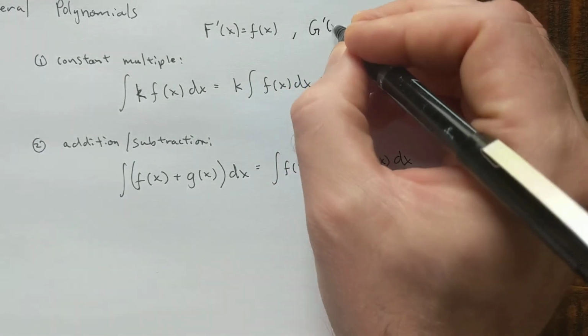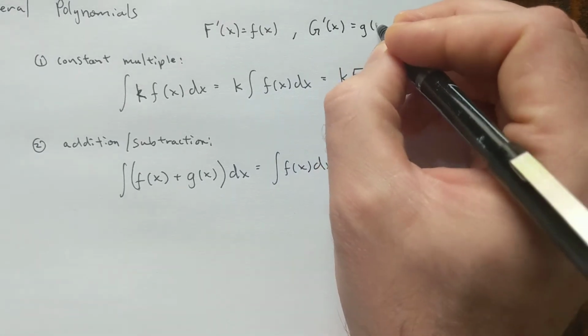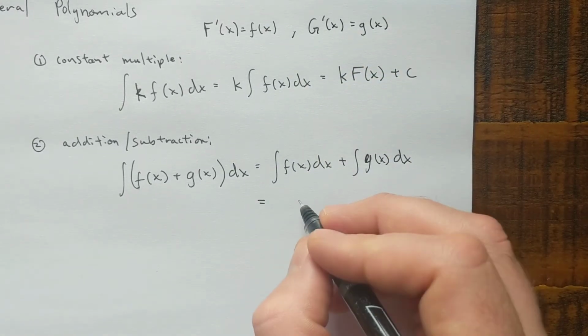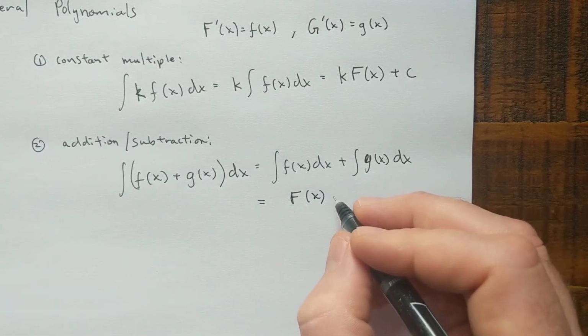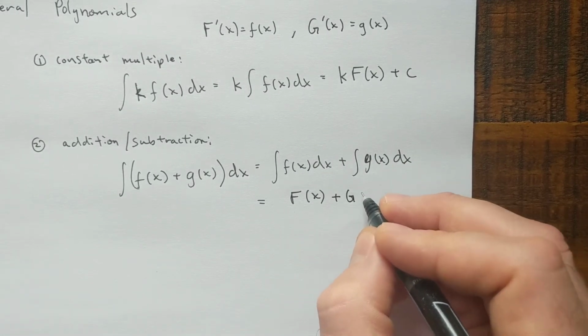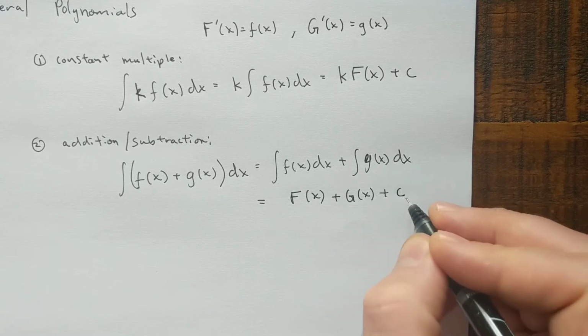So capital G prime of x we'll say is little g of x. So the answer we'll get out of this is whatever an antiderivative of f is plus whatever an antiderivative of g is plus c.